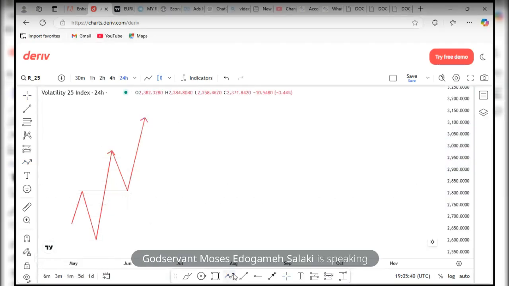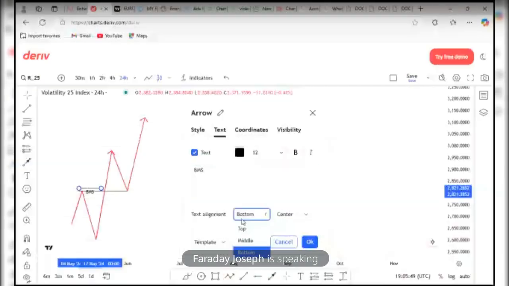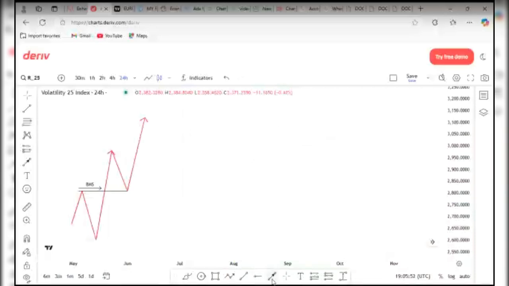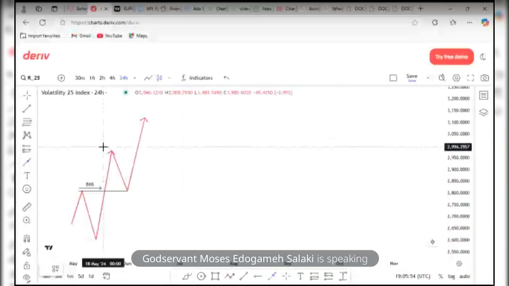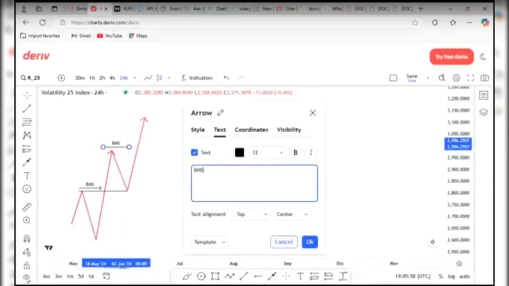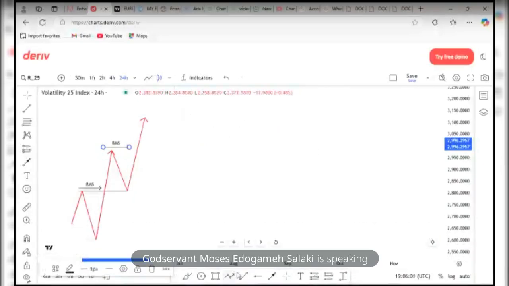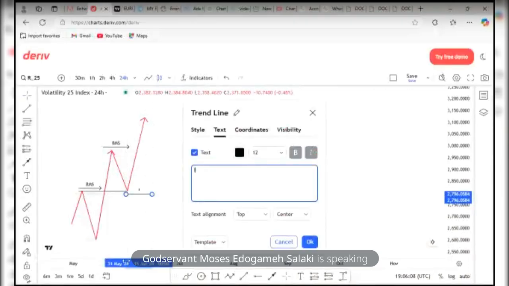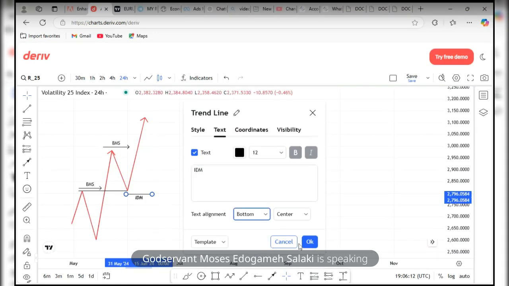So we have this as the first leg of our BMS. This becomes the second leg of the BMS. Then this first entry becomes that inducement, because we're no longer dealing with simple structure, we're now dealing with advanced market structure.